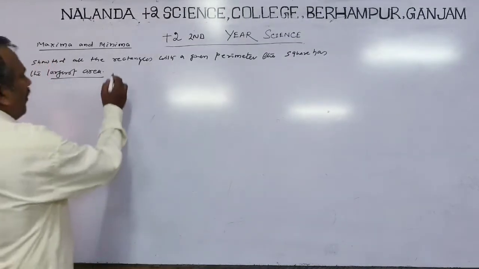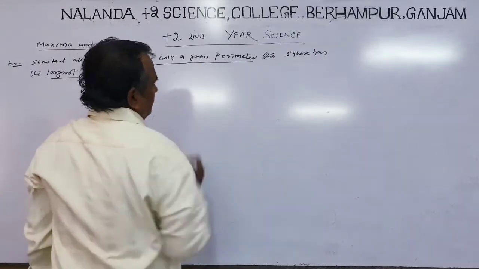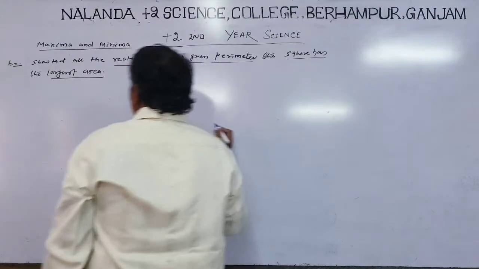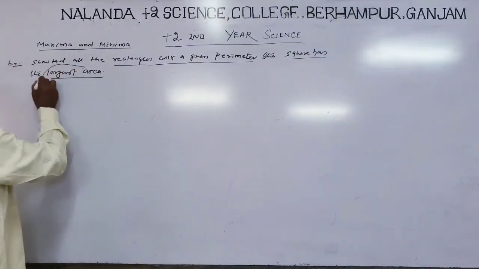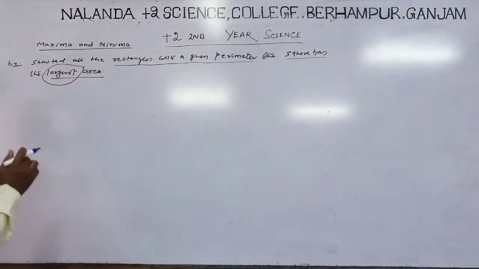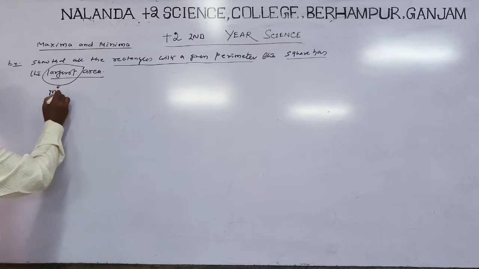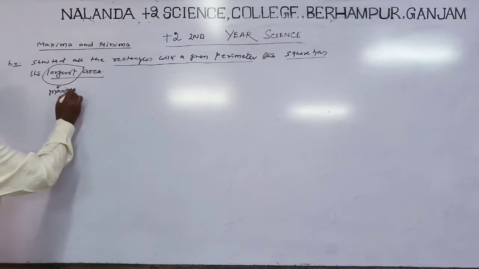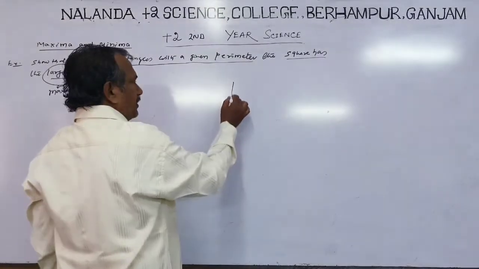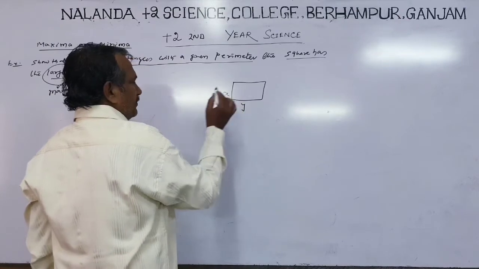Okay. Now another example: of all rectangles with a given perimeter, the square has the largest area. Largest, that means maximum area. Okay. Now suppose this is a rectangle. Suppose this is x and this is y.